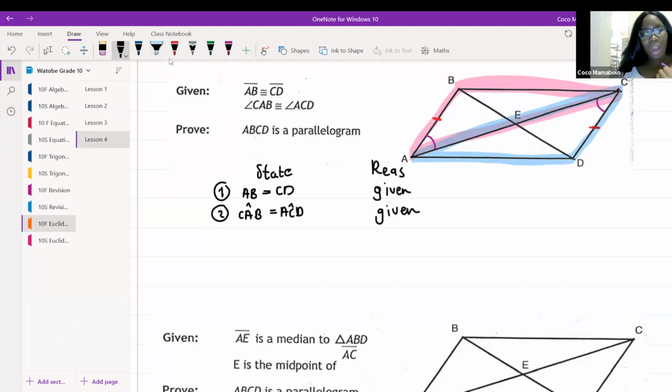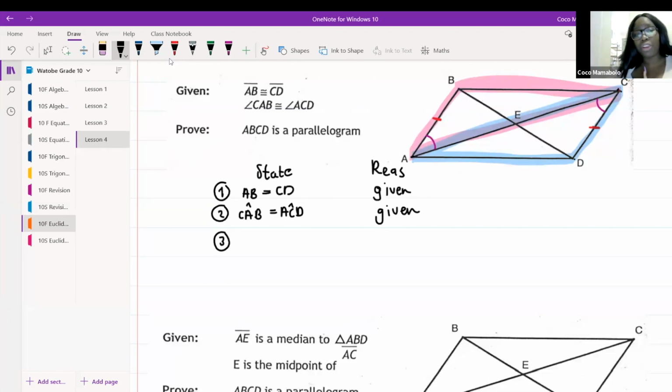I've already got 1 and 2. What is my 3rd reason to prove that these are congruent? Can anyone see it? I'll give you a hint. It has something to do with where my highlighter went past. Yes, Mawande, 100%.